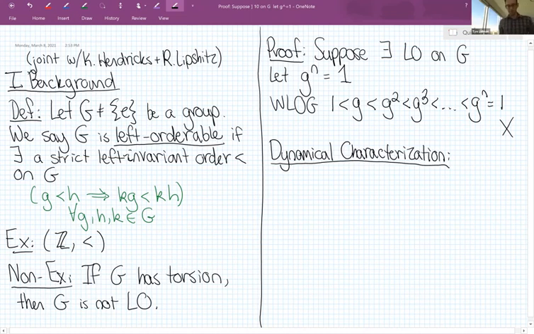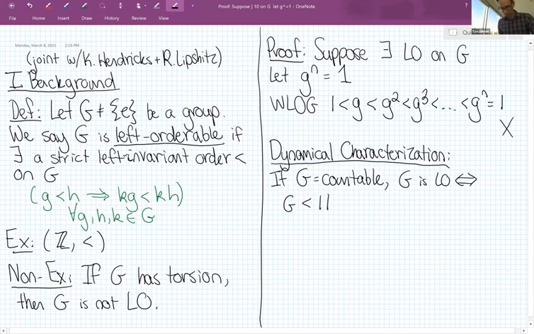The dynamical characterization is that if G is a countable group, then left orderability is the same thing as embedding inside the orientation preserving homeomorphisms of the real line. So being left orderable means you have a nice faithful action on R.